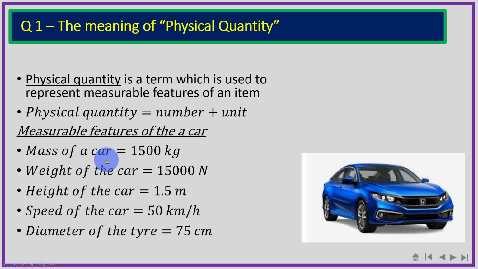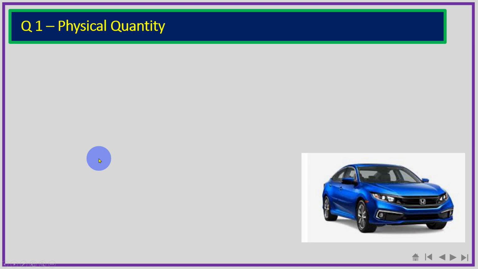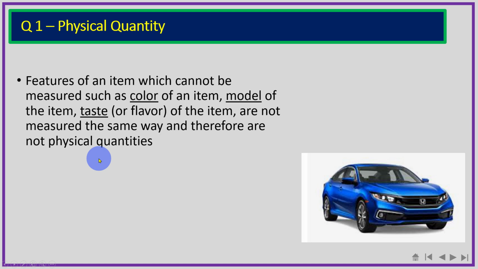A given item can have more than one measurable feature. It can have more than one physical quantity. Now, how about features which are not physical quantities? Features of an item which cannot be measured, such as the color of the item. For example, the color of this car, it's blue. We cannot take a measuring instrument and find its magnitude in the sense in which we measure a physical quantity.